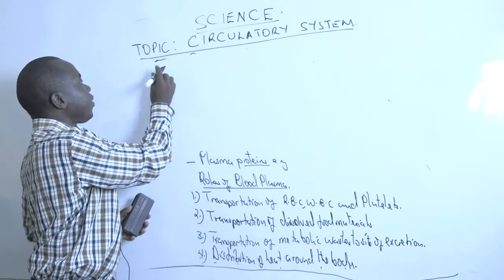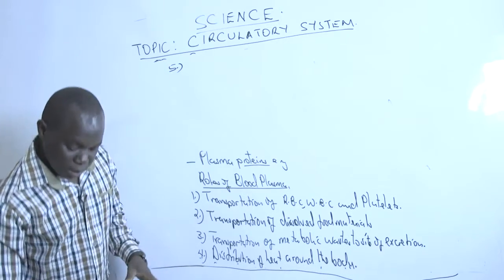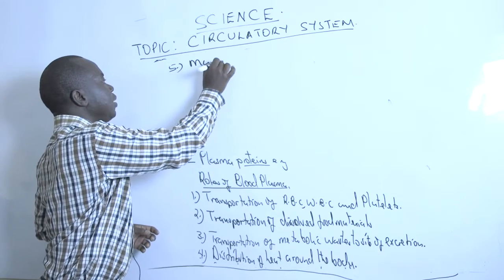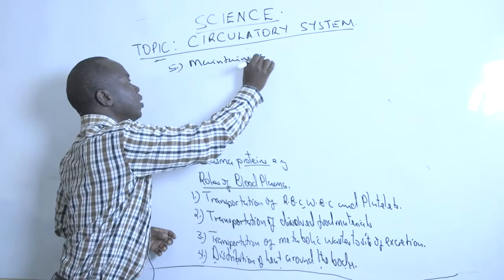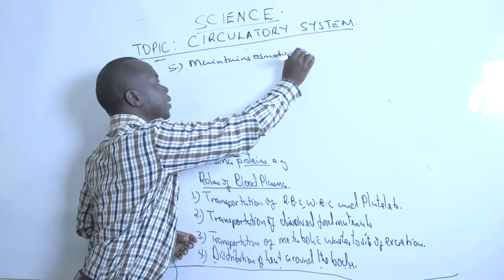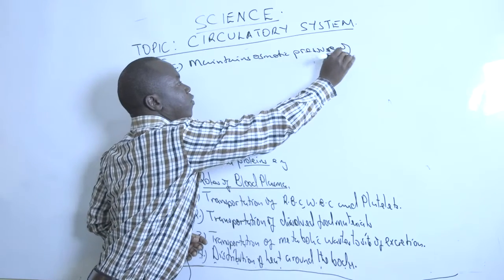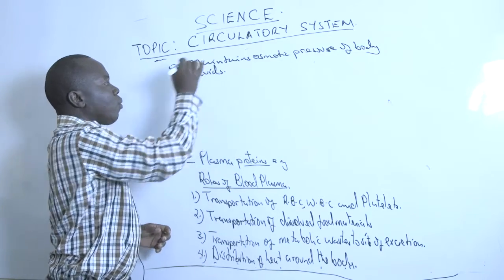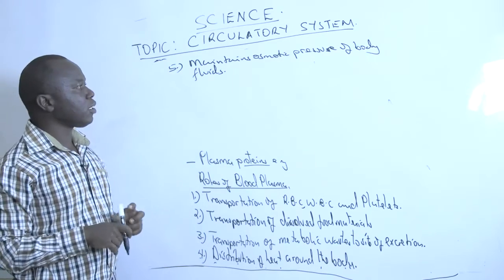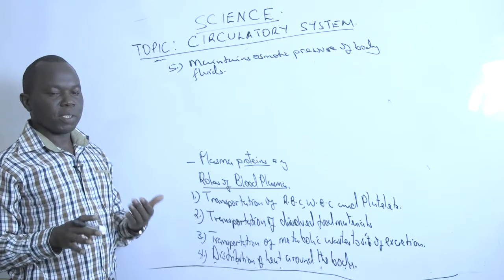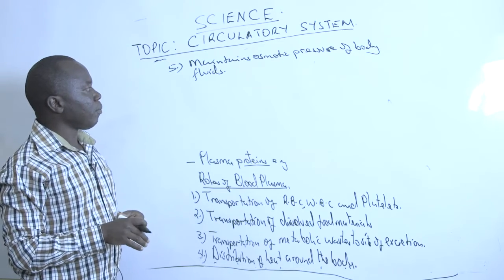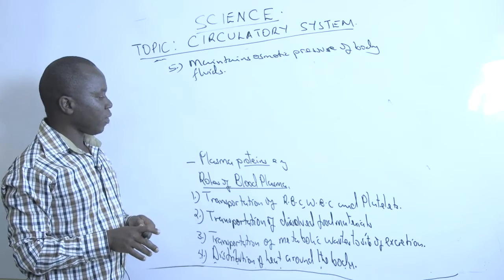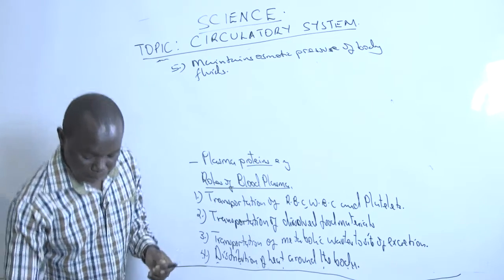Role number 5 of blood plasma is that it maintains osmotic pressure of body fluids. Why is it involved? Because it contains solutes that we have mentioned, mineral ions and blood proteins. So those are the major roles of the blood plasma.